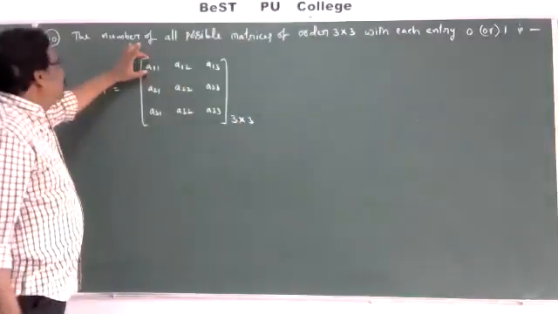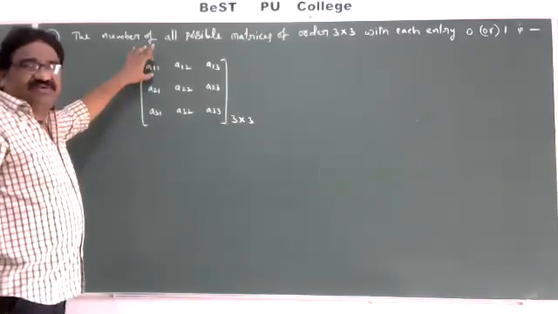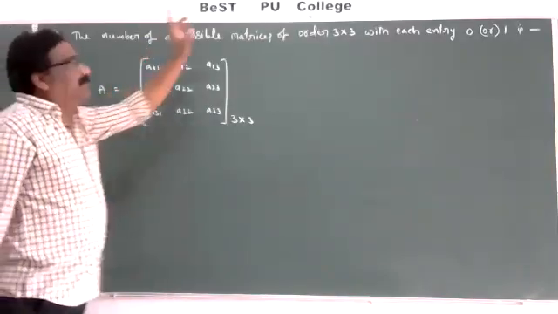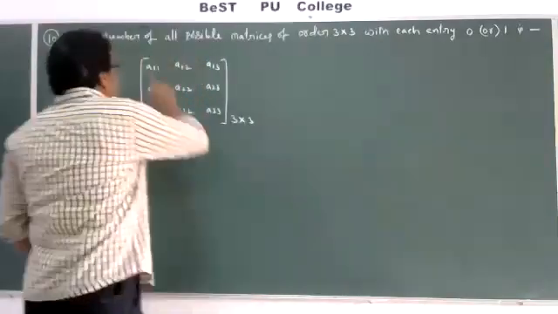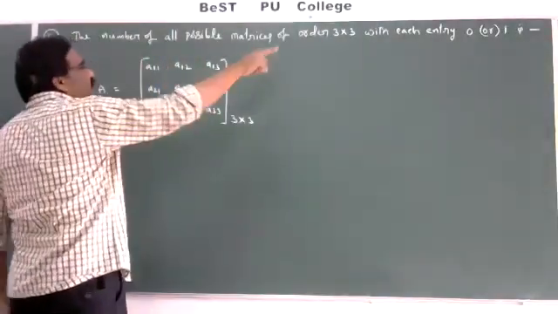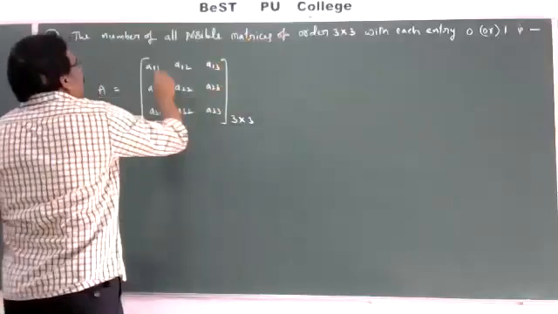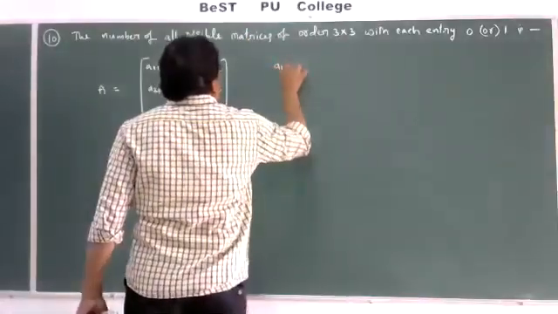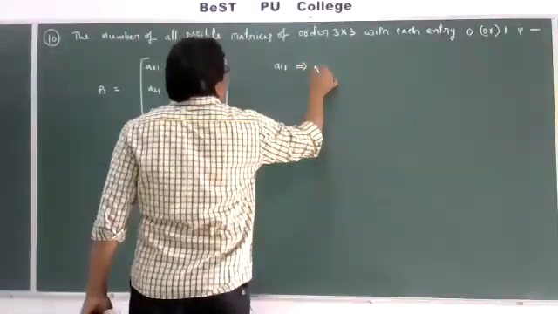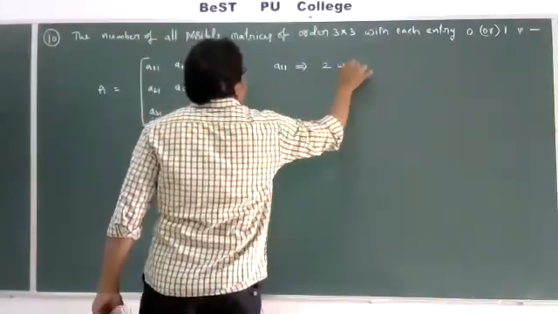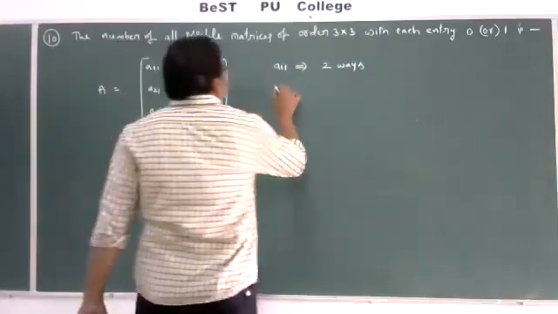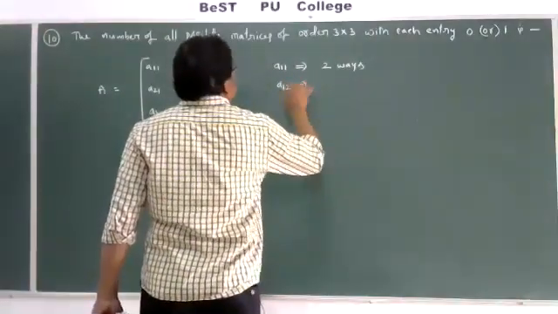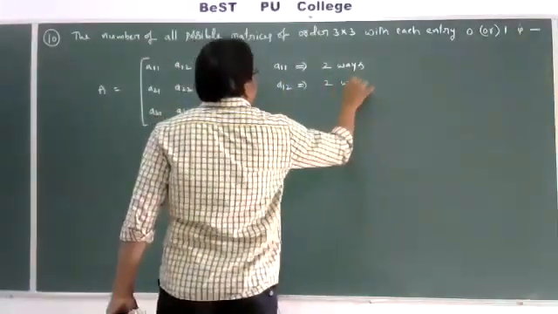For example, this place is filled by using 0 or 1. This place is filled by using 0 or 1. For example, the A11 place is filled in 2 ways, either 0 or 1. In the same way, the A12 place is filled in 2 ways.